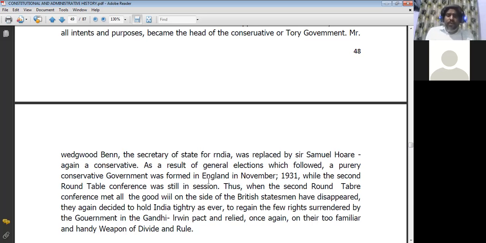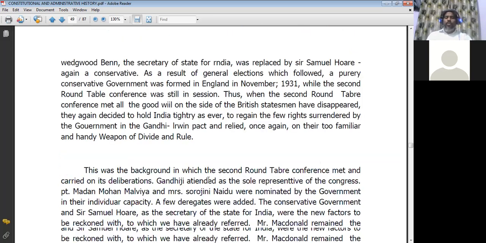Thus, when the second roundtable conference met, all goodwill on the side of the British statesmen had disappeared. They again decided to hold India as ever, to regain a few rights surrendered by the government in the Gandhi-Irwin Pact, and relied once again on the too familiar and handy weapon of divide and rule.